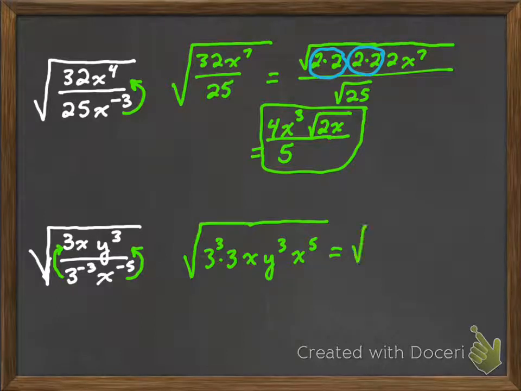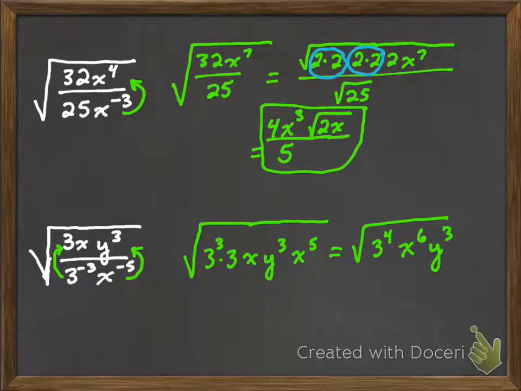Now, 3 to the third times 3 to the first is going to give us 3 raised to the 4th power. We have x, and we have x to the 5th. That combines to give us x to the 6th. And then we have y cubed.